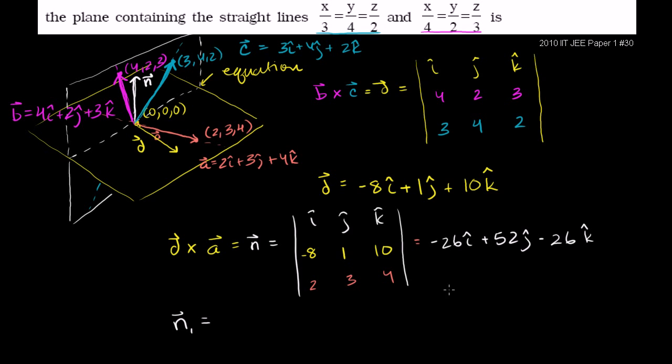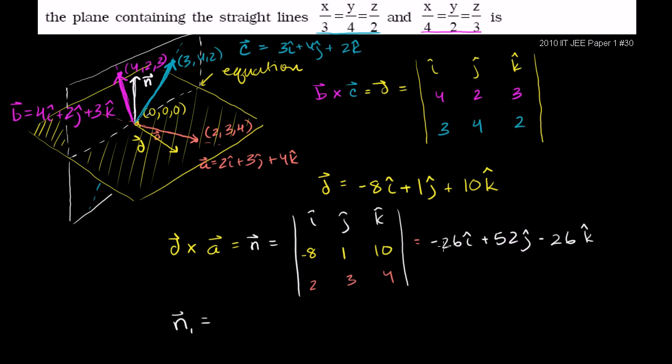I'm going to divide all of these by negative 26. It has the same direction, just a different magnitude. I'm just scaling the vector, but it's still going to go in the same direction, because that's what I care about. I care about just finding any vector that is normal to this yellow plane right here.